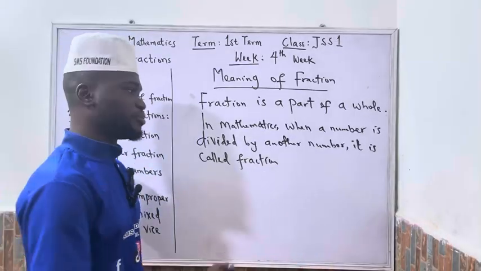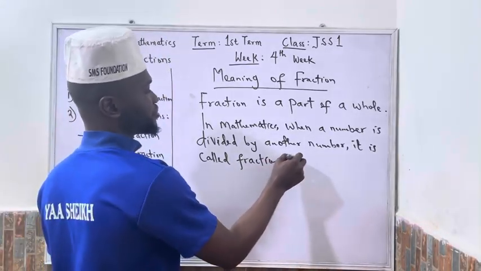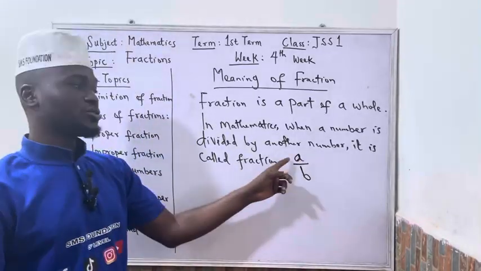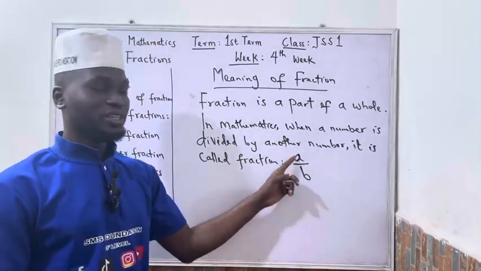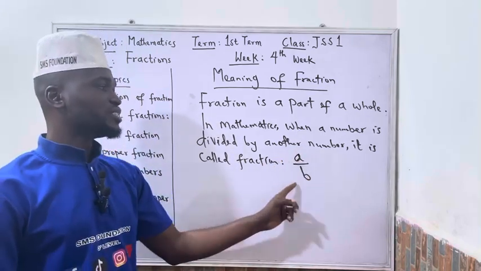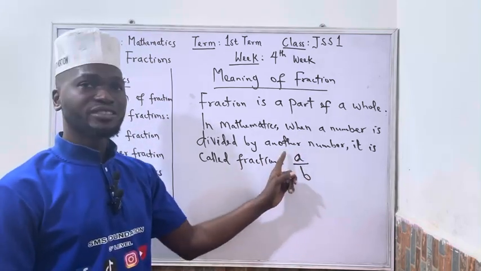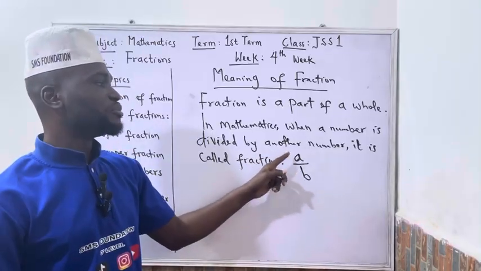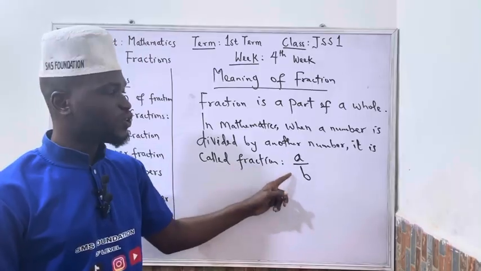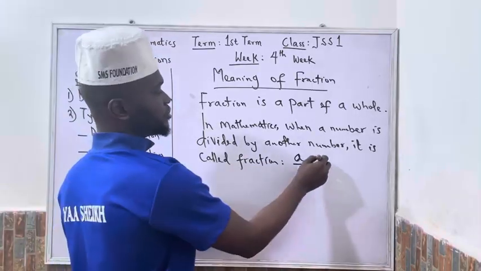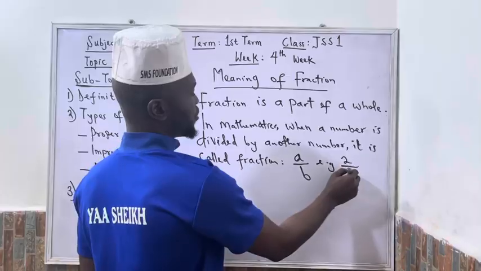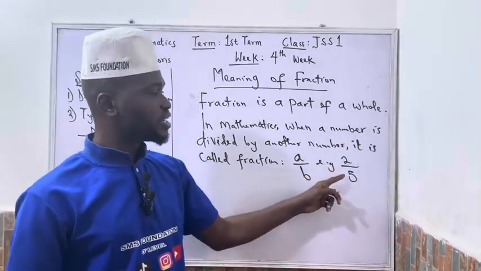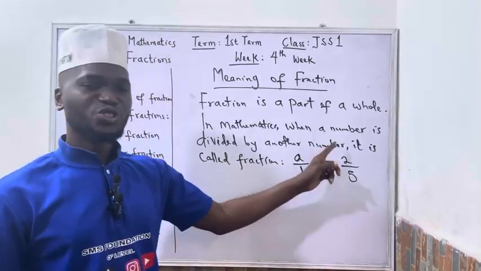When a number is divided by another number in this manner, you have A over B. A and B are letters here, but we are doing it in a generalized form. A is a number on top and B is another number, and both must be integers or whole numbers. For example, we can have 2 over 5. 2 is a whole number, and 5 is also another whole number.